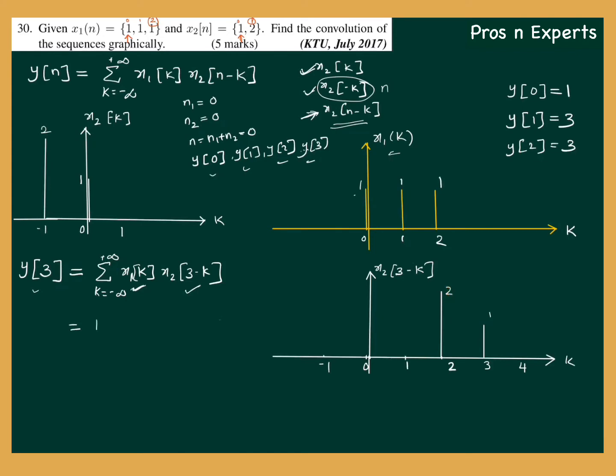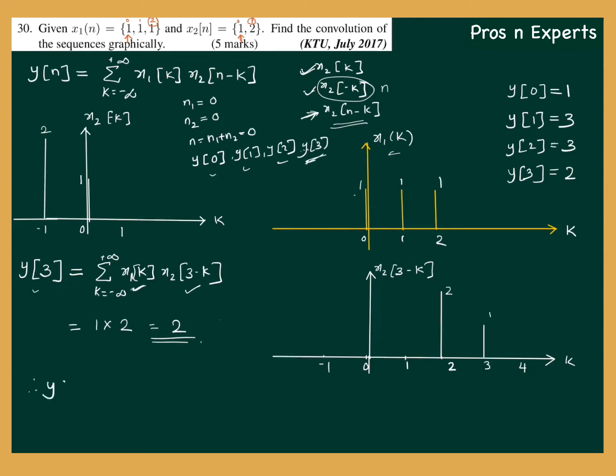So the answer would be 1 into 2, that is equal to 2. So y of 3 is equal to 2. Okay, so that was the final sample to obtain. Any other sample you need not evaluate, because it would end up giving you 0 as the answer.